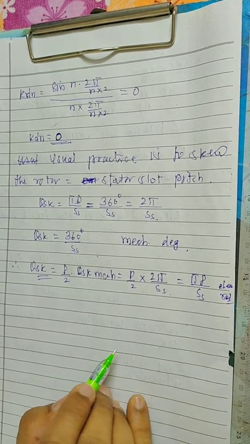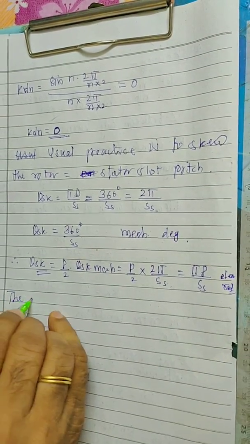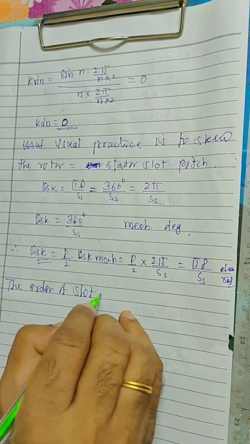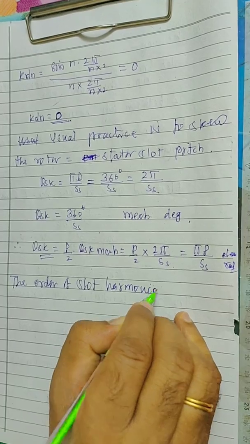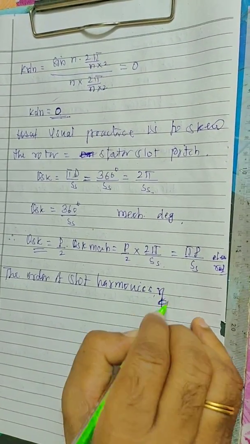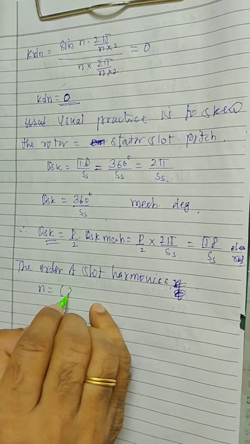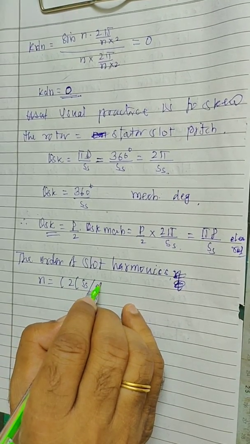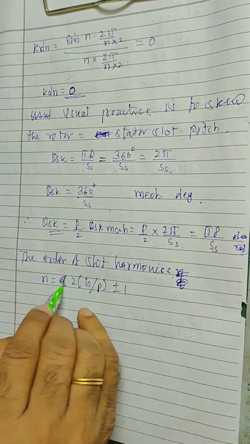But the order of slot harmonics n is equal to 2 stator slots per pole plus minus 1. This is the formula.